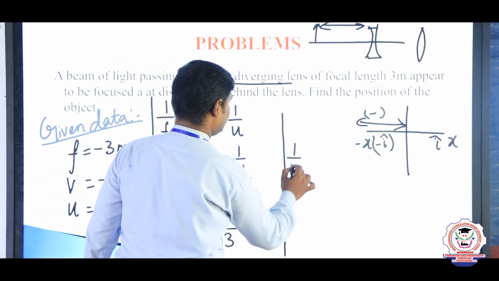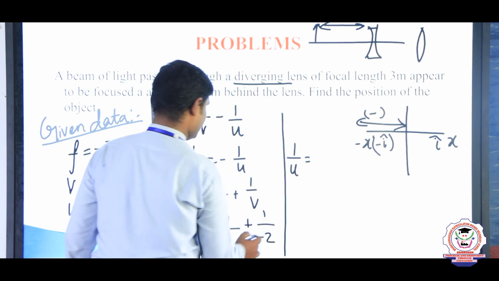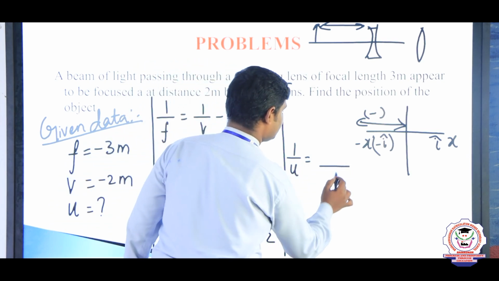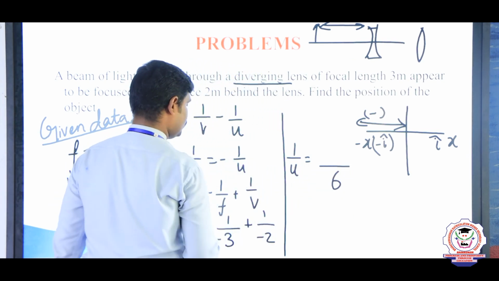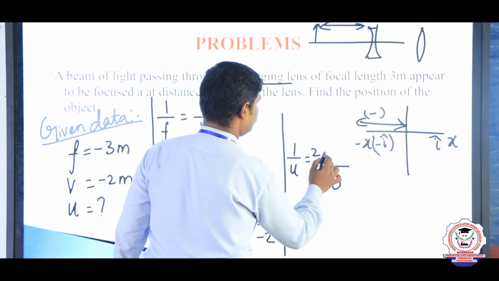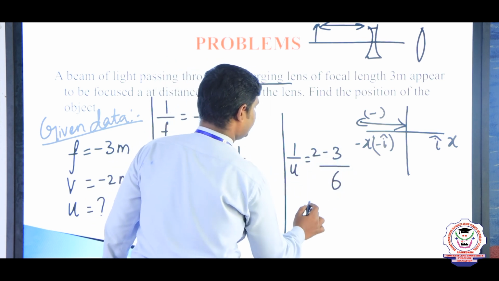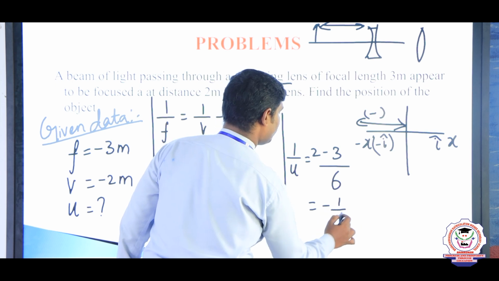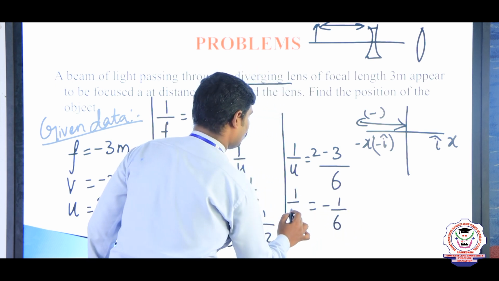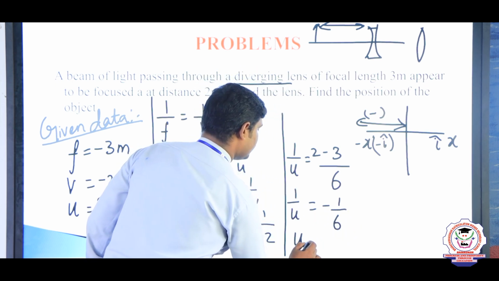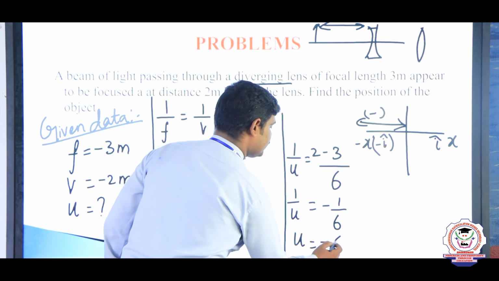So, 1 by u is equal to 3 2s are 6, then 2 minus 3, which is equal to minus 1 by 6. So, this is 1 by u. So, u is equal to minus 6 meter.